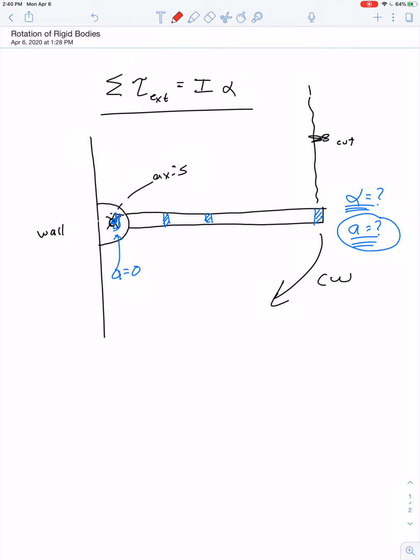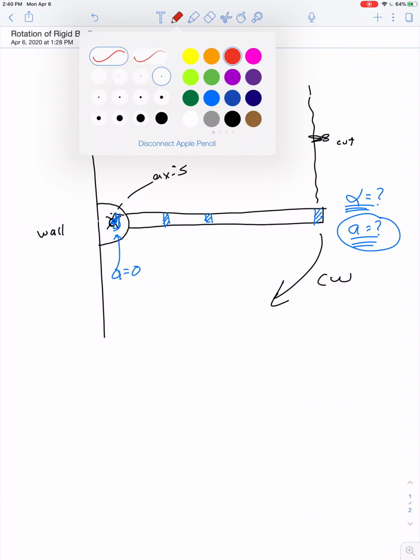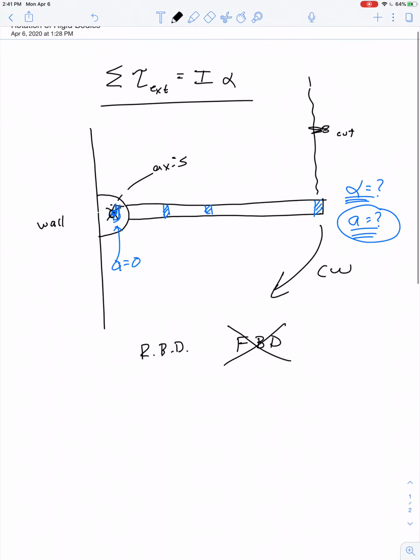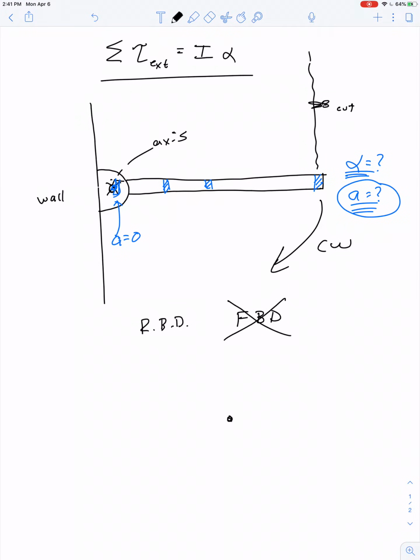So there's a concept that hasn't been identified yet that's important in rotation of rigid bodies. If I were to draw a vector diagram, and from now on, I think we're going to make what we call rigid body diagrams to replace what we've done in the past in the form of a free body diagram. Meaning, I'm not just going to replace this beam with a dot and say that there's a downward pull of gravity as the one and only force.